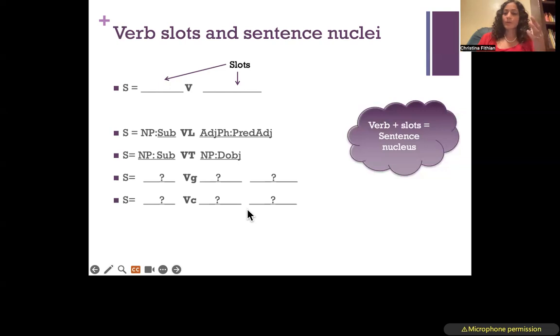But either way, that helps us narrow it down when we're trying to figure out what type of verb we have. If we see two slots, then we're going to have either a VG or a VC. And those slots are obligatory to make the sentence complete. So if you try to take one away and the sentence doesn't work anymore, then you know you're dealing with either a VG or a VC.